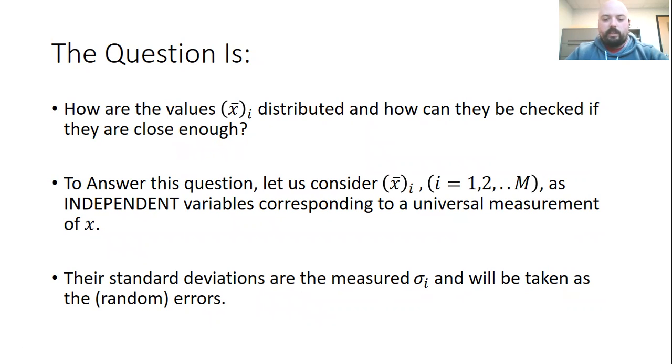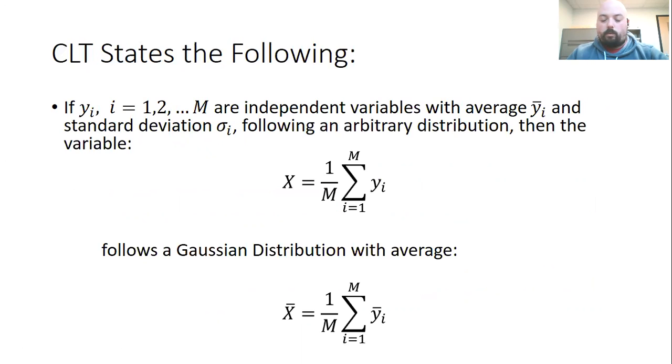To answer this question, let us consider these means from each of the groups as independent variables corresponding to some universal measurement x that we were just describing as being close enough to, that has some particular population mean. And their standard deviations are measured and taken as the random errors for each of those means.